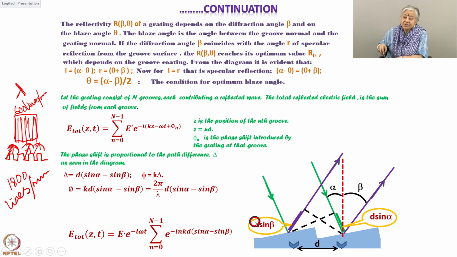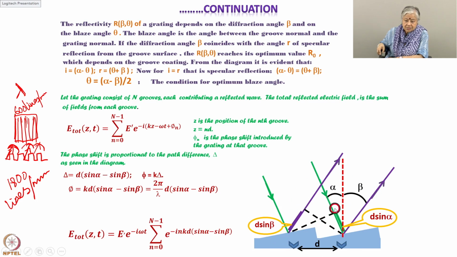So, you have a path difference of the incident ray itself, and you have a path difference of the diffracted ray itself, okay. So, you have to add these two differences in path to give you the phase difference between two consecutive wavelets that are coming from two consecutive grooves.